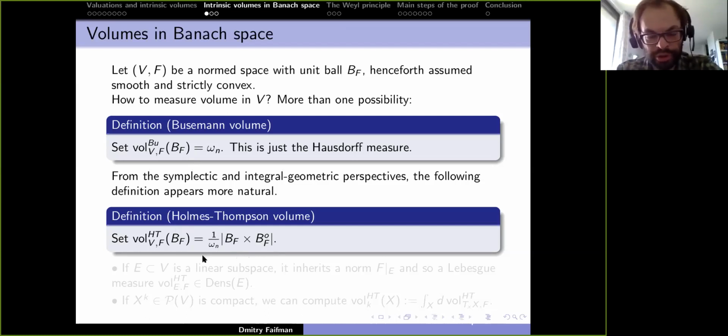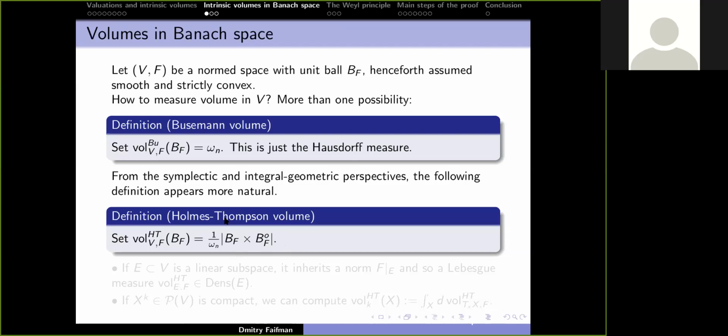The constant is just to keep it consistent with the Euclidean structure. And so this is the symplectic volume. That's what you would get if you consider the Liouville volume on the unit co-ball bundle and you push it forward to your space. Excuse me, yes?